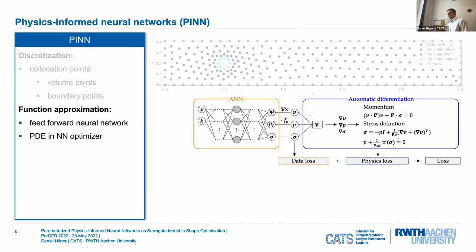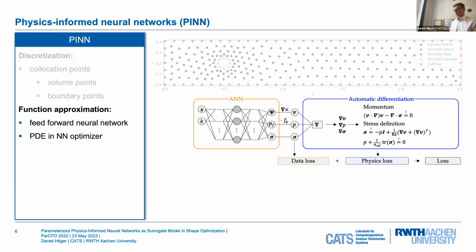This physics information is in the form of partial differential equations, which use the output of our network, which are the solution values we are looking for, for instance velocity and pressure, and the derivatives with respect to the inputs, for instance coordinates or deformation parameters. Based on the PDE, we can compute the residual from the outputs and the derivatives.